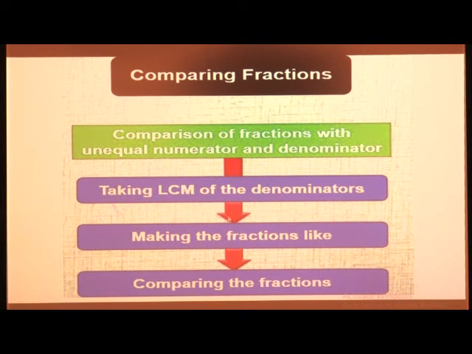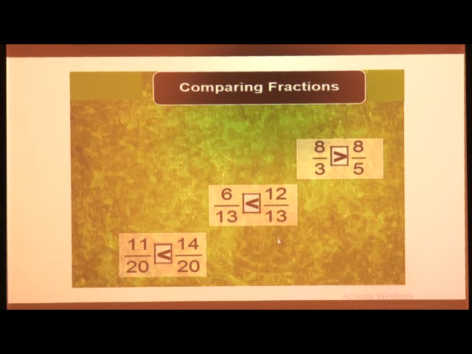After taking the LCM, make the fractions like fractions. When the denominators are equal, we compare the fractions by looking at the numerators, because the denominators are already equal. In this way we compare fractions.